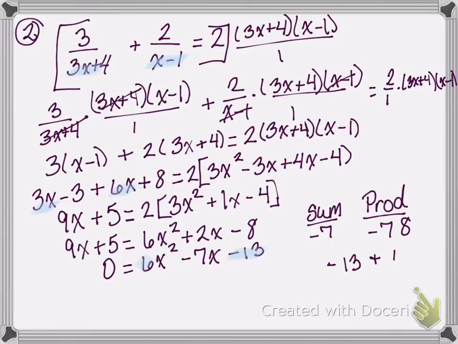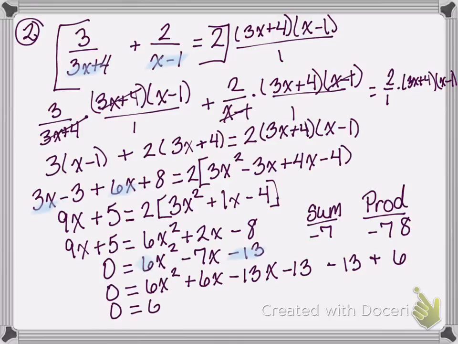So positive 6 times negative 13 multiplied together give me negative 78. Negative 13 and 6 added together give me negative 7. So here I have 0 equals 6x squared plus 6x minus 13x minus 13.